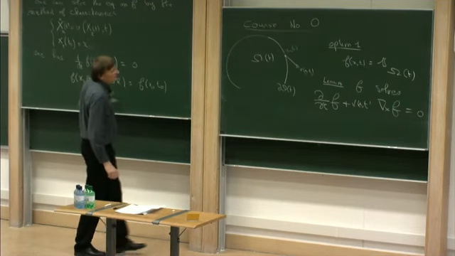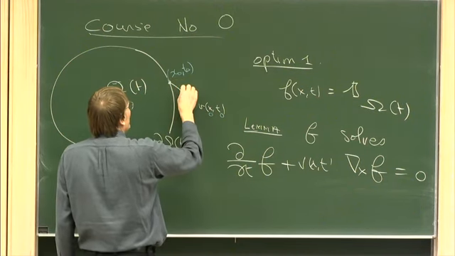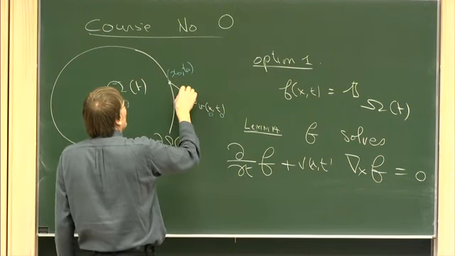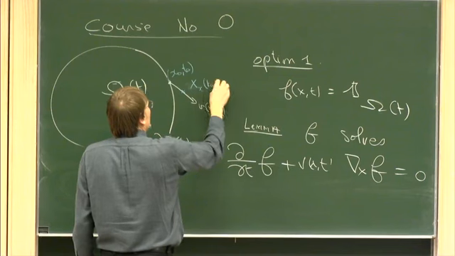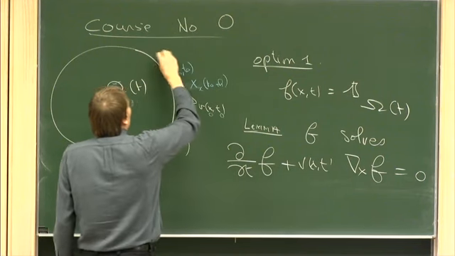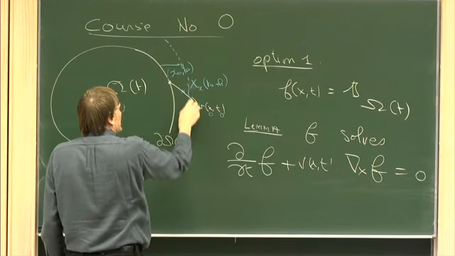If you take this point, after some time, this point will be moved according to that at x0 at x of t0 plus h, and so all these points will be moving according to the interface.